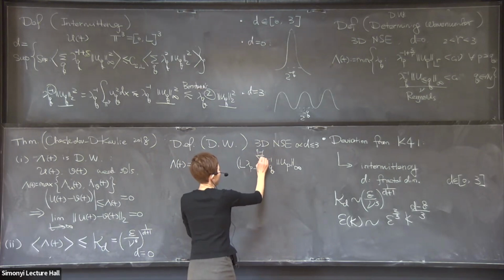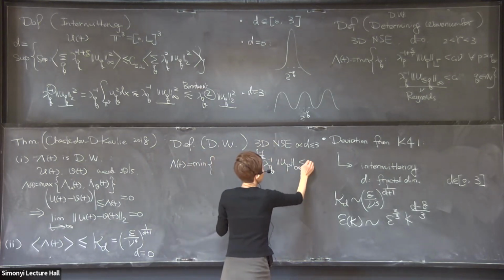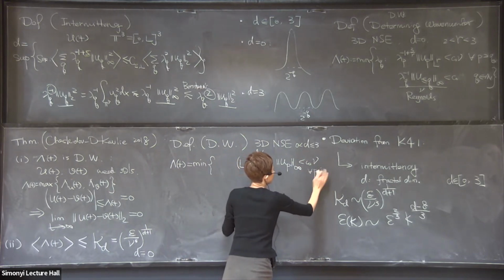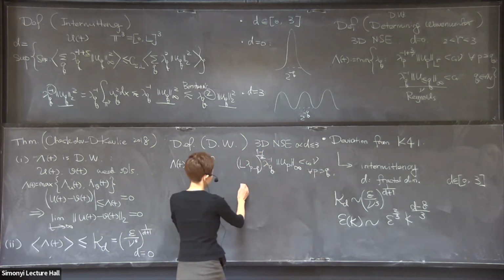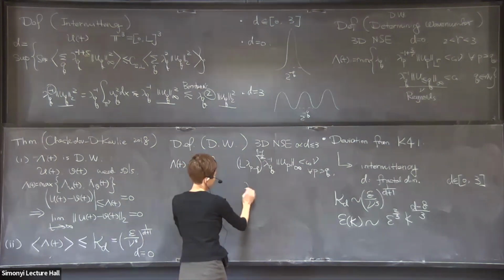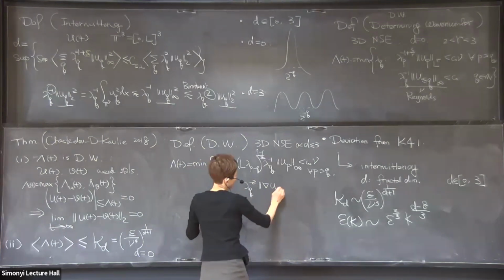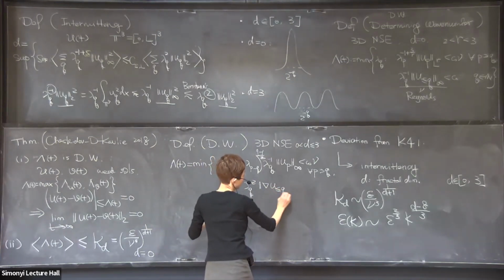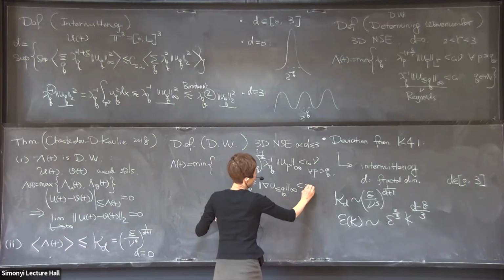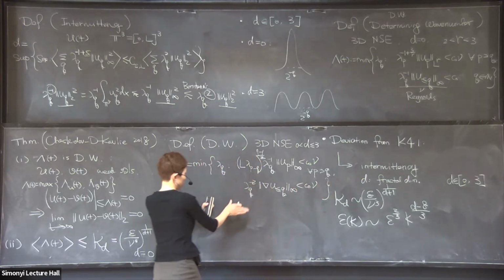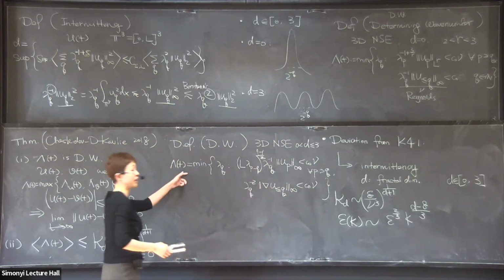So, parameter eta, and a condition on low modes as well. And here we need to tweak a bit by adding a gradient here. Such a wave number satisfying the two conditions, we will take the minimum.